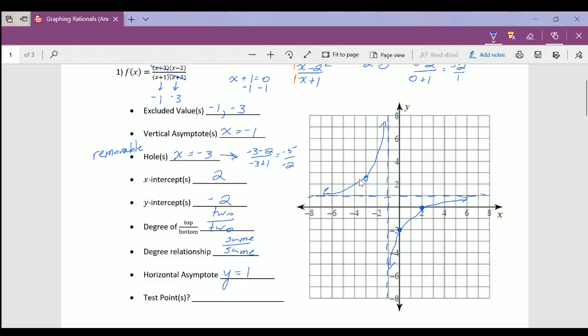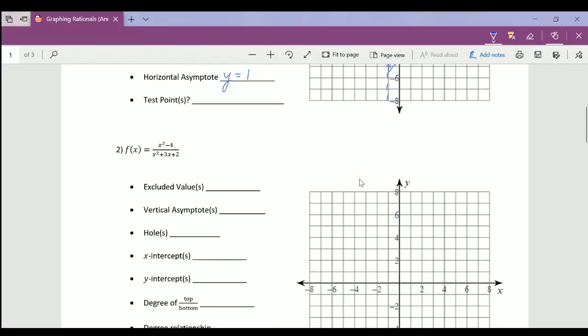Okay. Let's do another one. This one here is not already factored, so we are going to have to do a little bit of work for it. Right here we've got x squared minus 4. That is your difference of squares, meaning you've got x plus 2 times x minus 2. The bottom, looking for two numbers.